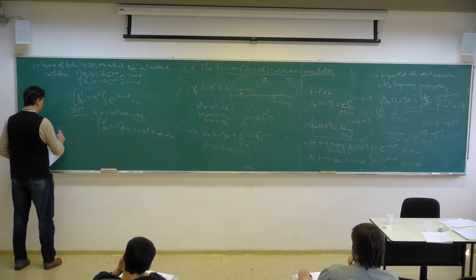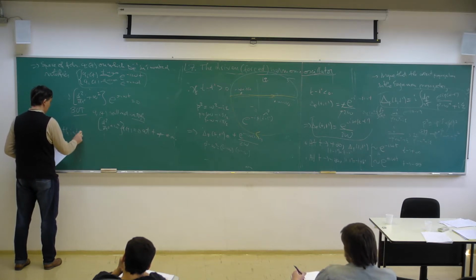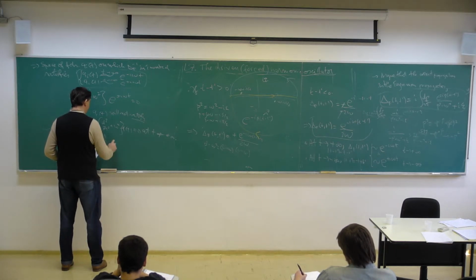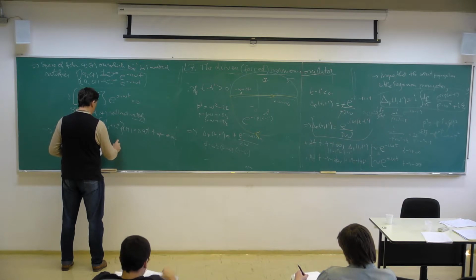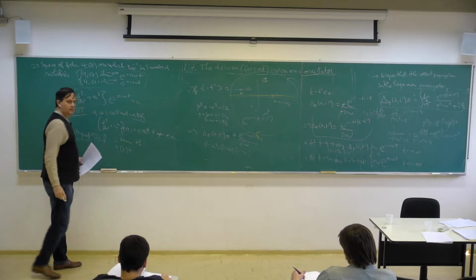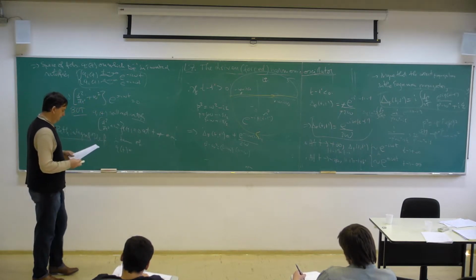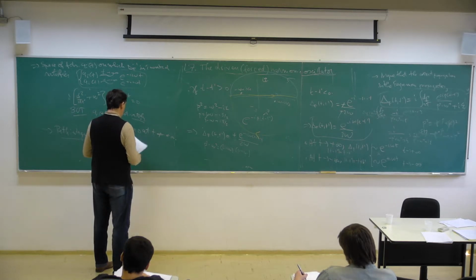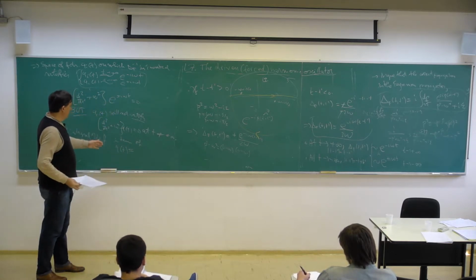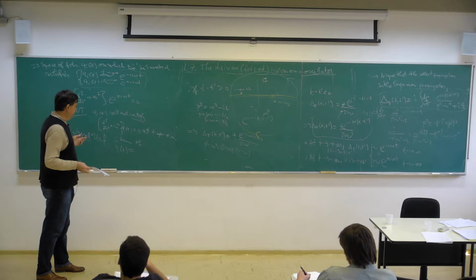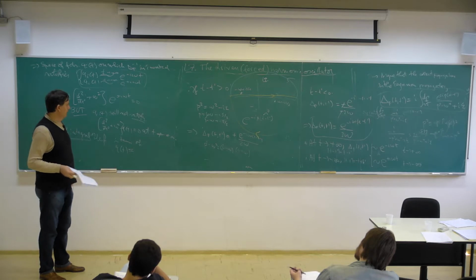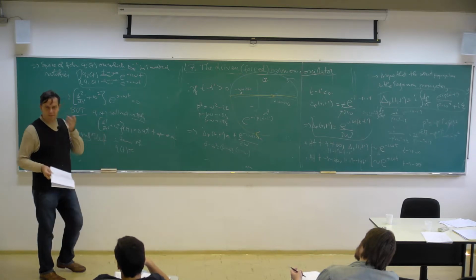Remember I have to path integrate over q of t, right? But the classical solution that I choose is one classical solution.